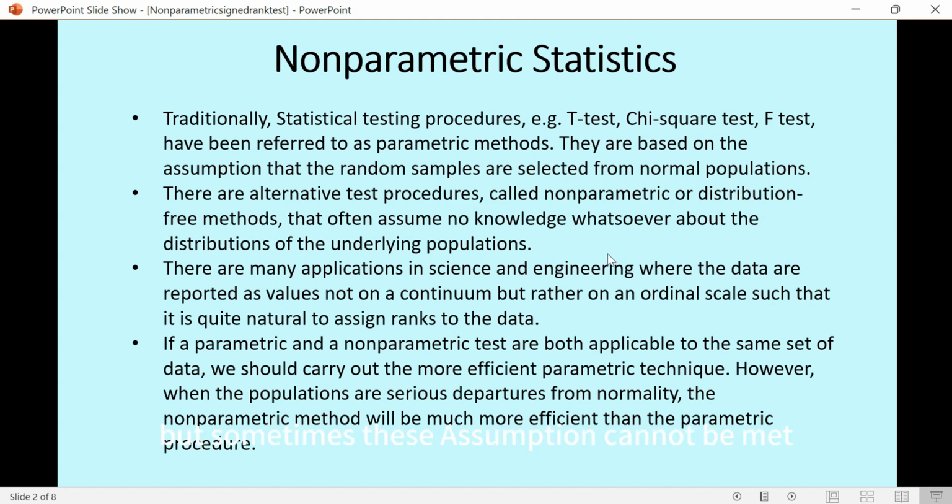But sometimes this assumption cannot be met. So we can use non-parametric statistics, because these kinds of tests do not assume data come from a normal distribution. These procedures are statistical distribution-free tests.